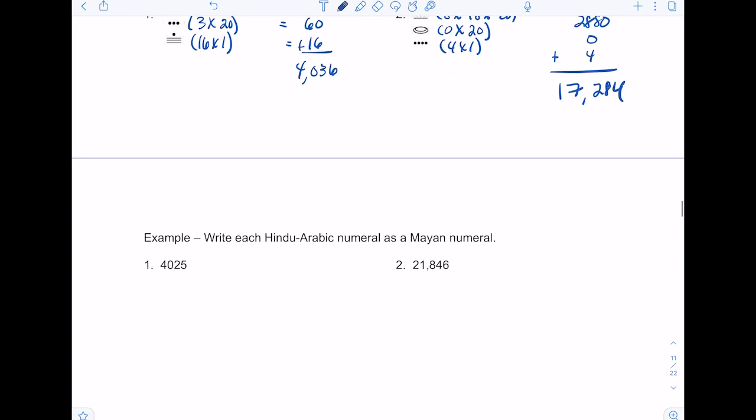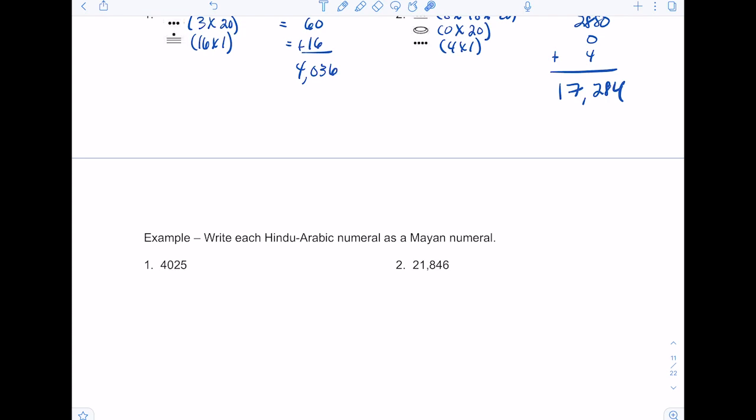So now let's go backwards. We have our Hindu-Arabic numerals. We want to write them as Mayans. And we're going to use a method very similar to the one when we were converting to Babylonian. So remember, we want to divide by the largest positional value less than or equal to that number.